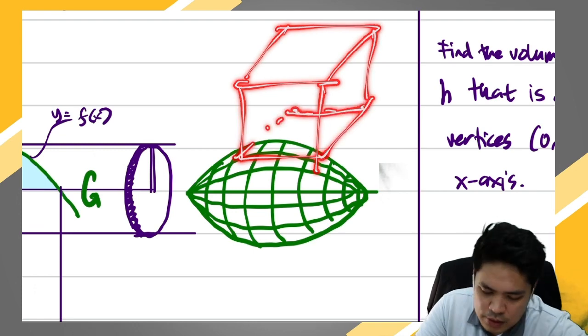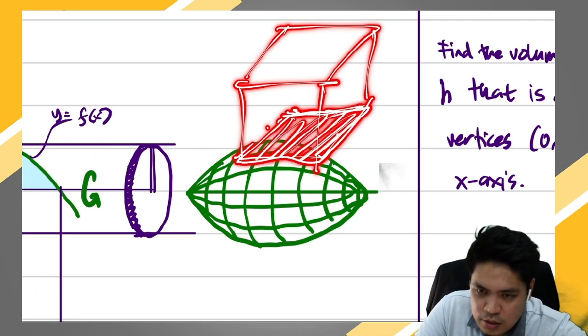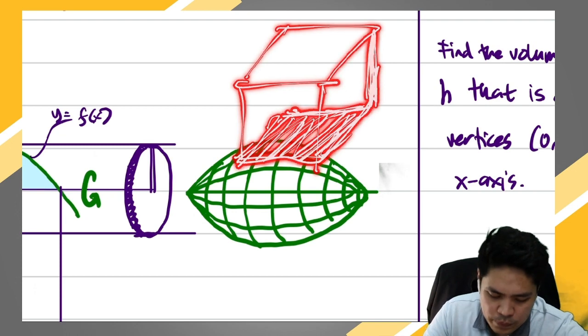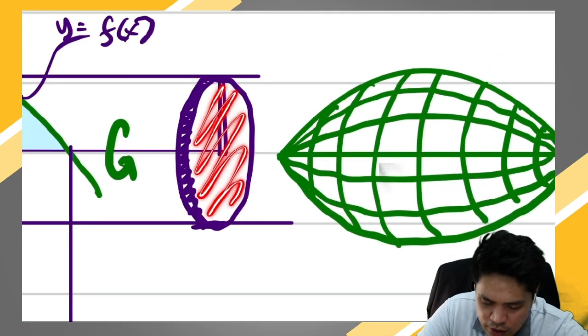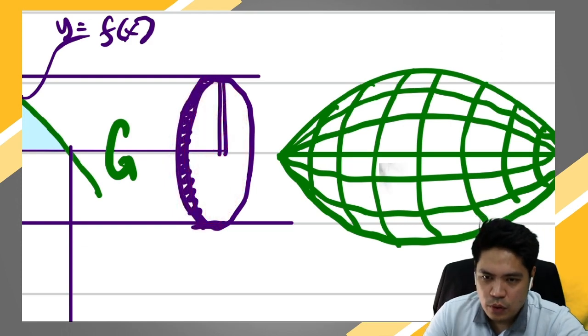That is the same as getting the area of the base, length times width, multiplied by the height. So that's area times thickness or height. Same as here, you just get this area and multiply it by its thickness. What you get is the volume.